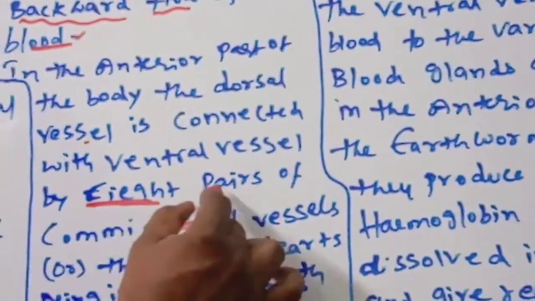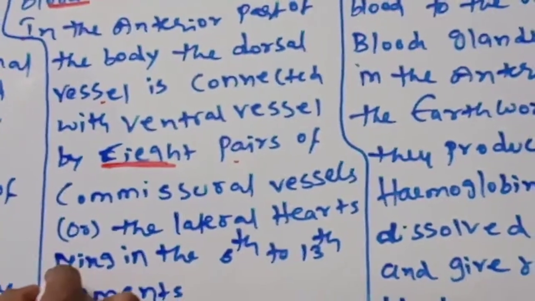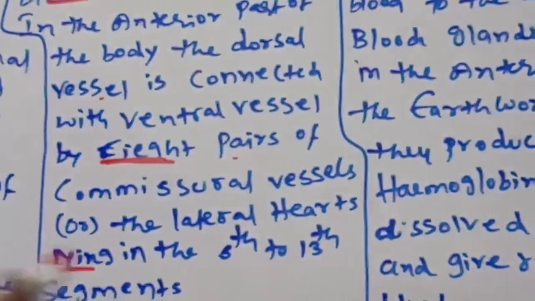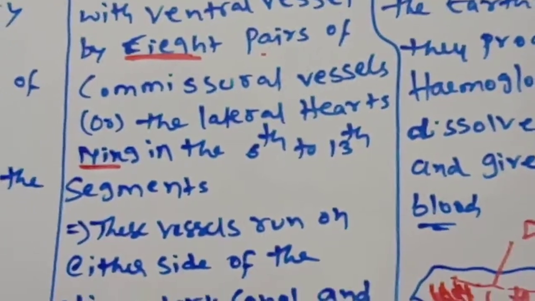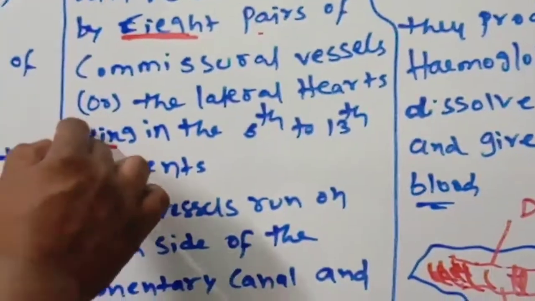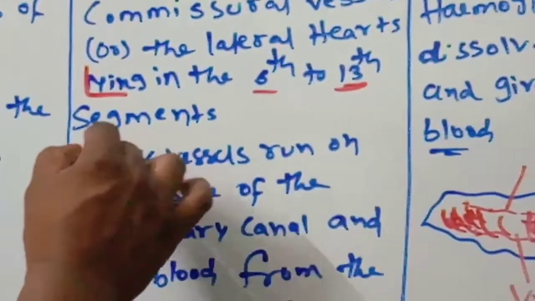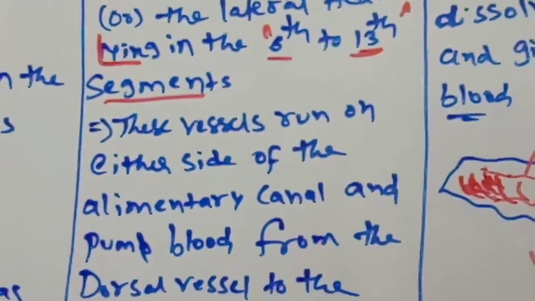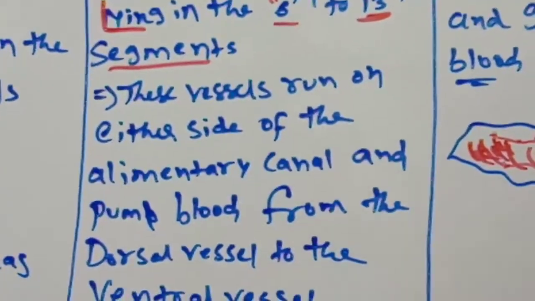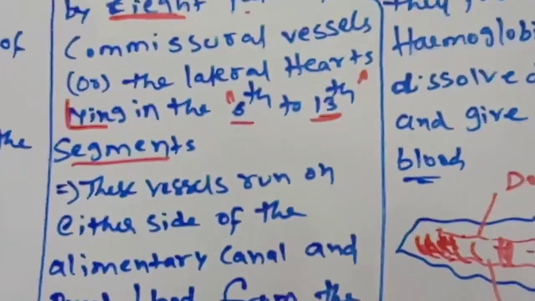How many? 8 pairs of commissural vessels, which are the lateral hearts. The lateral hearts lie in the 6th to 13th segments. Very important, 6th to 13th segments.